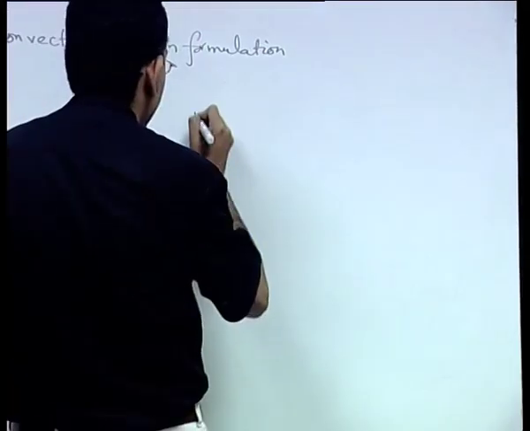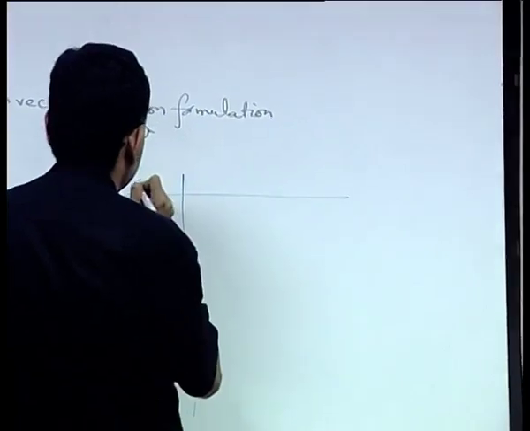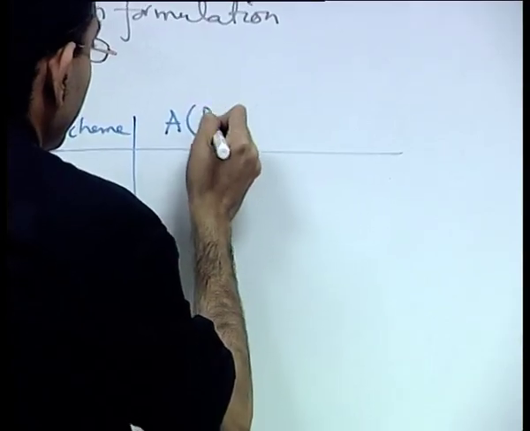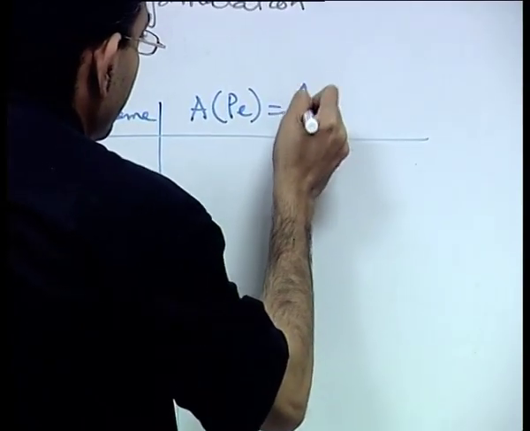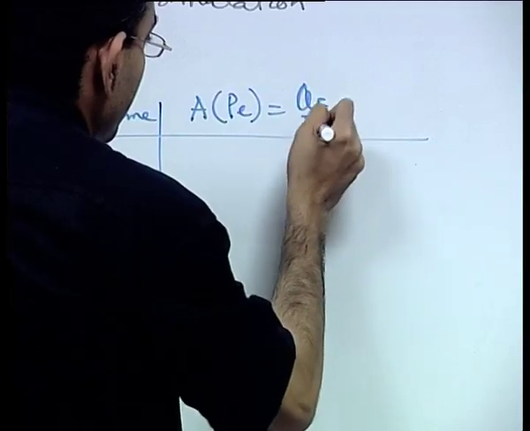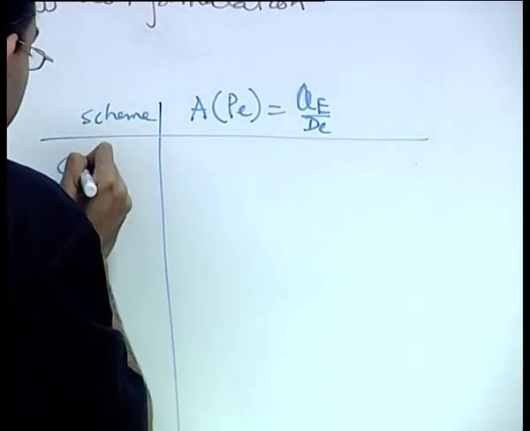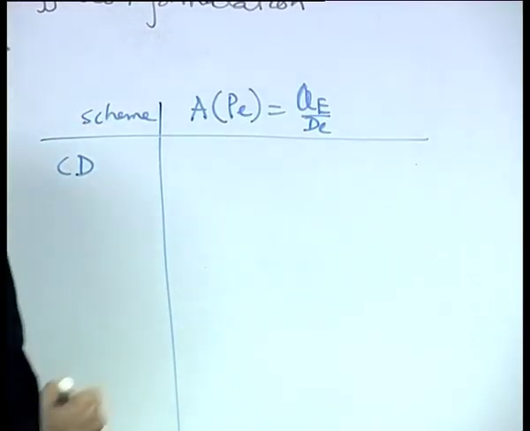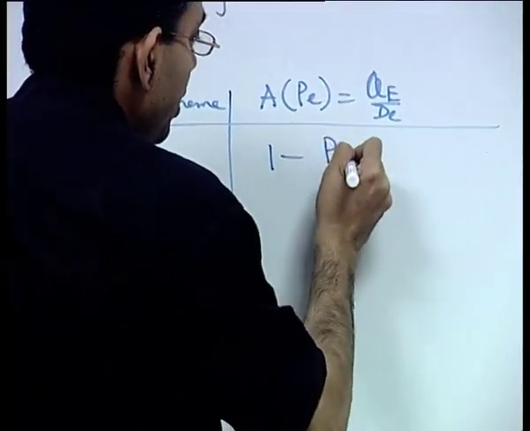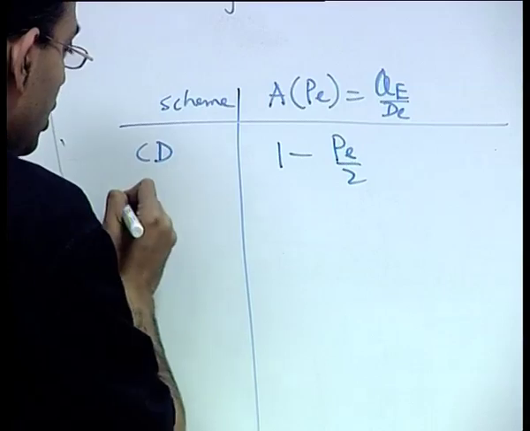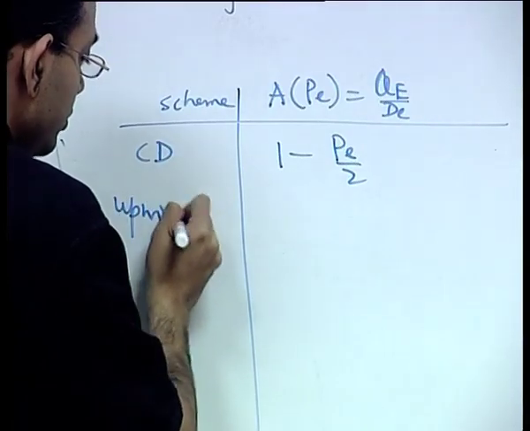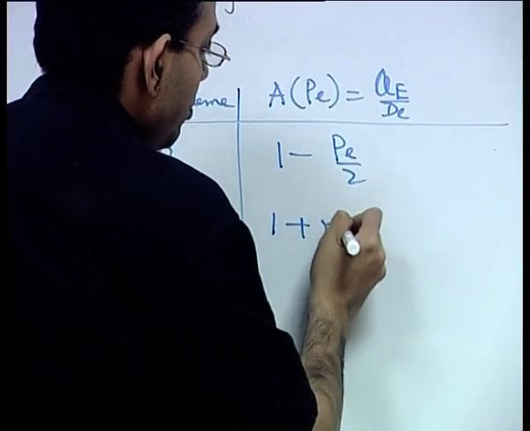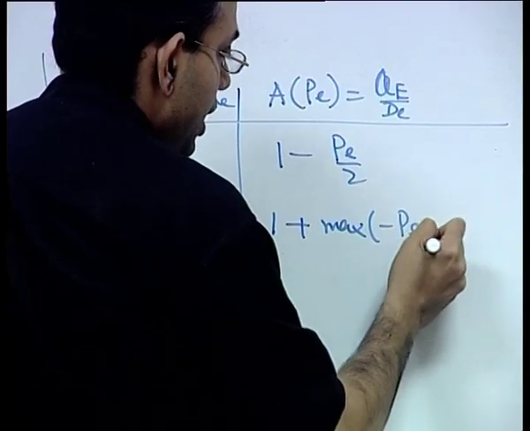So for example, you can consider a central difference scheme. If you consider a central difference scheme, this is equal to 1 minus PE by 2. Upwind scheme, what was AE by D? 1 plus max of minus P, 0.